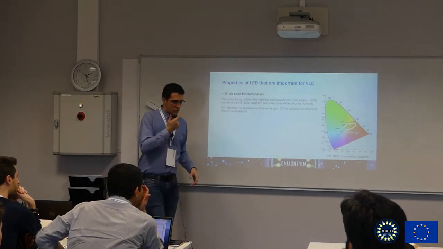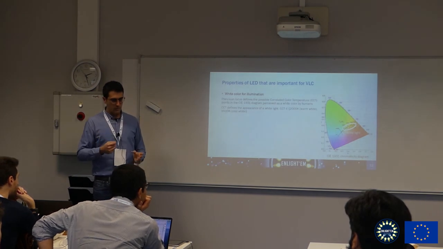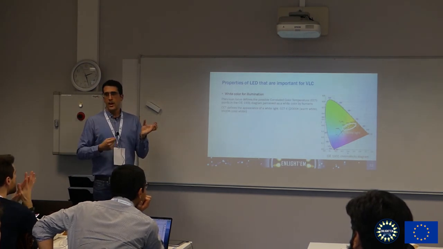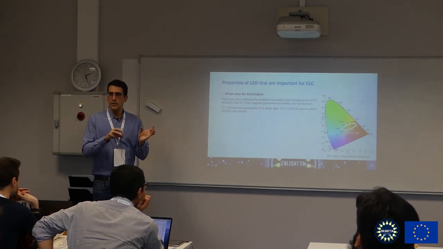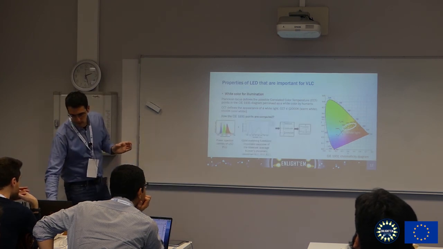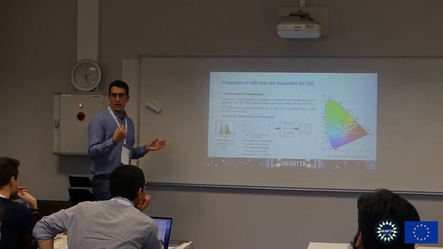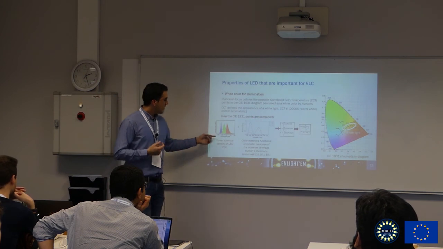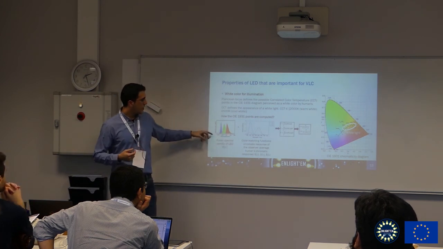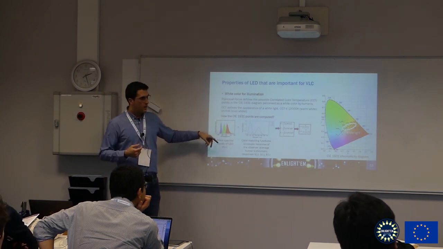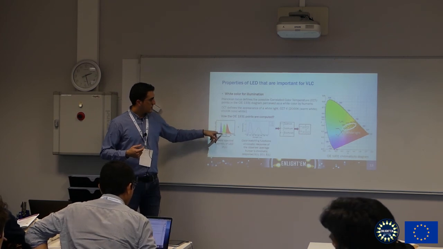But it's important to compute, or to know, by using one LED which kind of color I am transmitting in reality. So imagine that we have a trichromatic LED like here, and we have the power spectral density of the LED with some energy in the corresponding wavelengths.